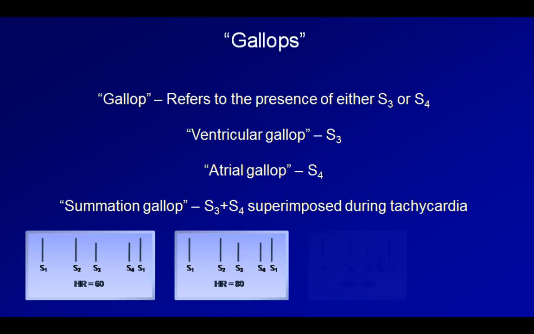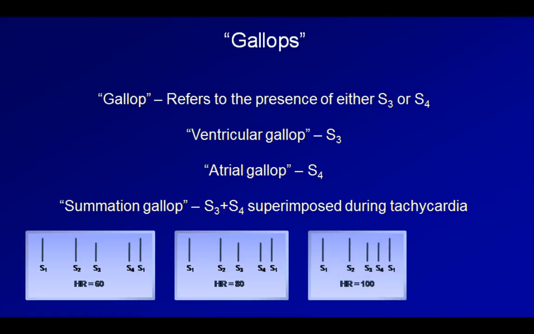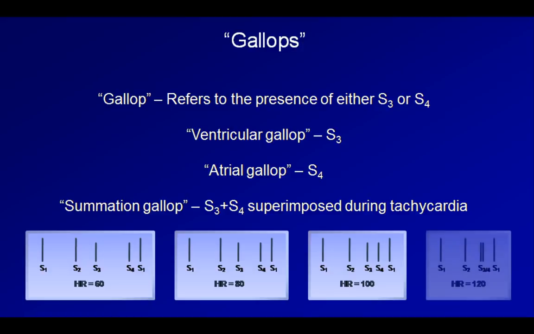And now at a rate of 100. Finally, here he is at a rate of 120. At this point, the extra sounds in diastole have fused, and it is no longer possible to distinguish one from the other, or even be sure how many sounds exist.